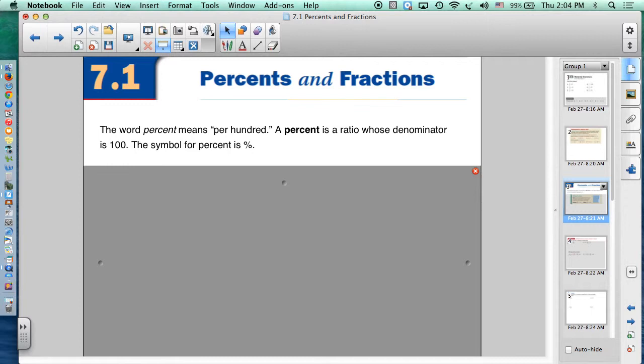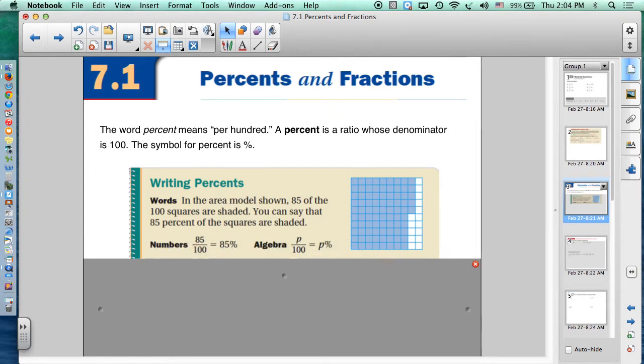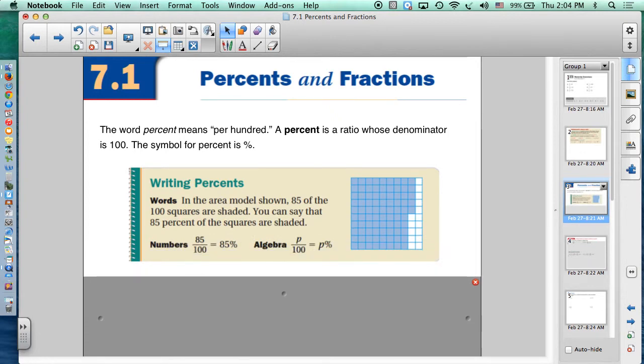The symbol for percent, hopefully we all recognize. Percents can be used to talk about a certain portion of 100. So if we look at this picture up here, there are 100 squares, and if you count the number of shaded boxes, each row is 10, each column is 10, so 10, 20, 30, 40, 50, 60, 70, 80, 1, 2, 3, 4, 5.